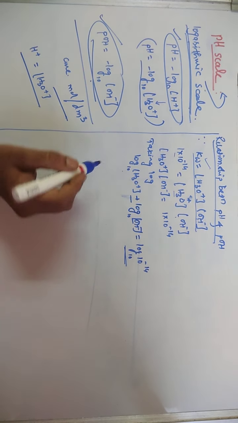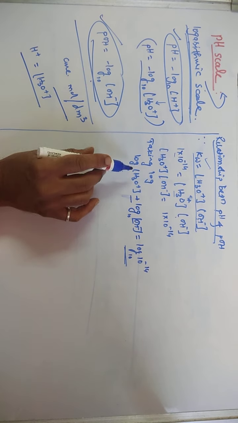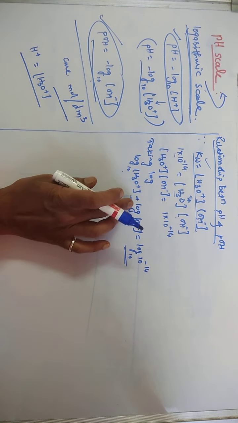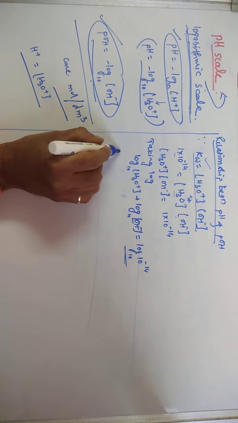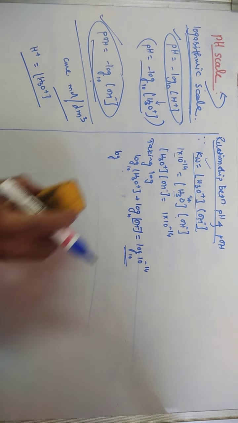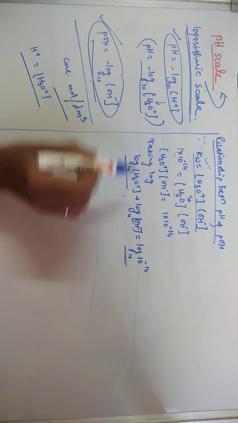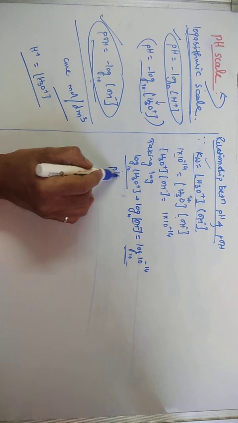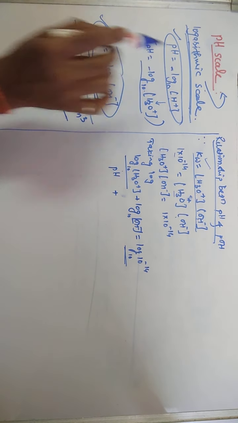I am just writing it as it is. As we know, log of H3O+ or log of H+ gives pH with a negative sign.